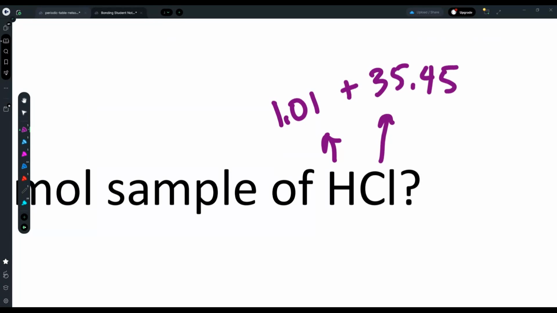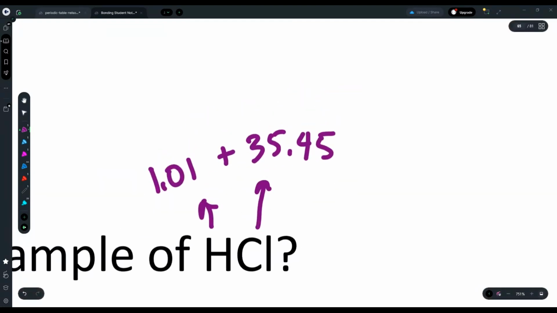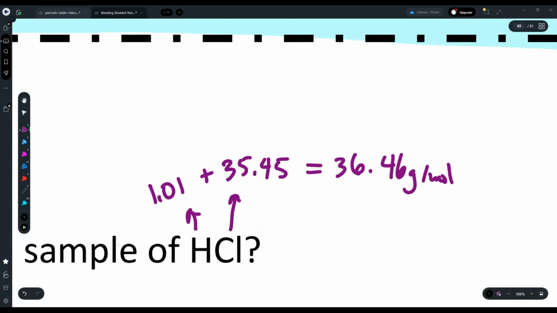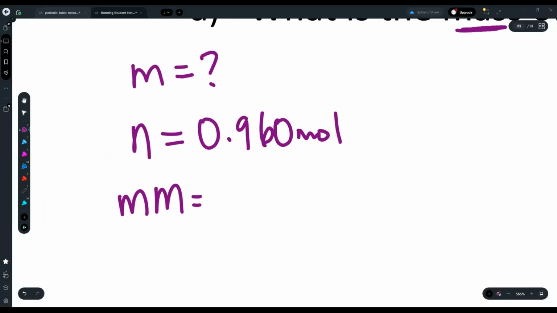And there's only one of them, so 1 times 35.45 is still the same number. Now if we add those up, we're going to get 36.46 grams per mole. So that's our molar mass of hydrochloric acid. So let's write that in our list of givens.